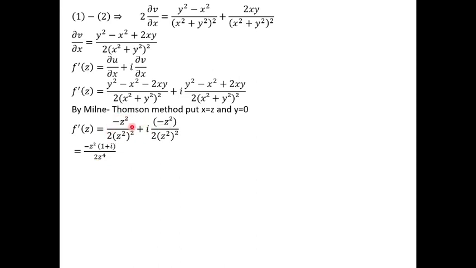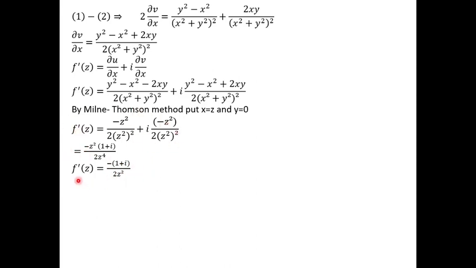So here this function and this function are the same, so take it outside, remaining is 1 plus i. We are taking minus also outside, z square also outside, and 2 times z to the power of 4 is also outside. The remaining function is 1 plus i. Here z square by 2z raised to 4 can be written as minus (1 plus i) whole divided by 2z square. This is the simplest form of this equation.